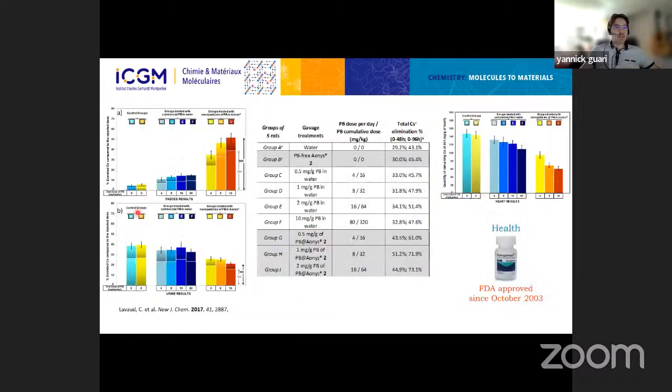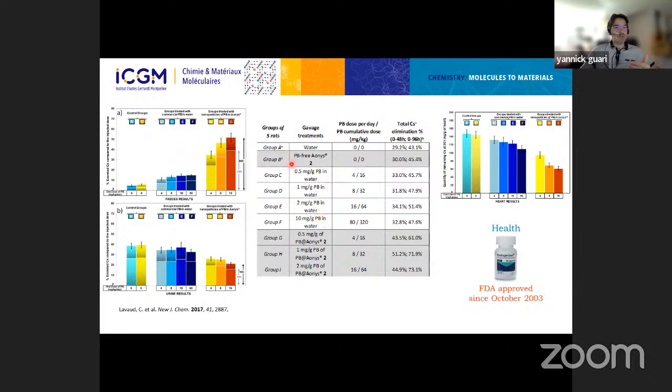So these formulations were then tested on mice for the excretion of cesium. The groups G, H, I were treated with an increasing amount of Prussian blue in the oily formulation, and compared with groups C, D, E, F that were treated with increasing amount of Radiogardase.